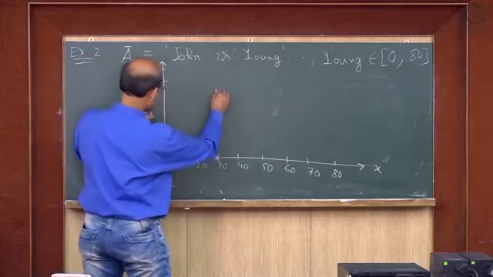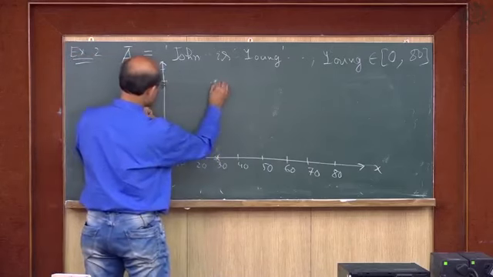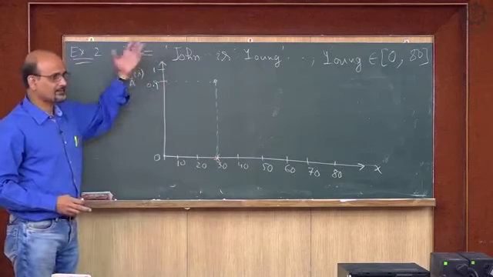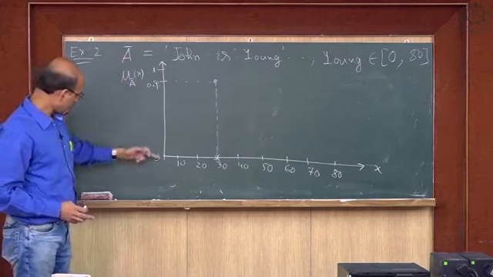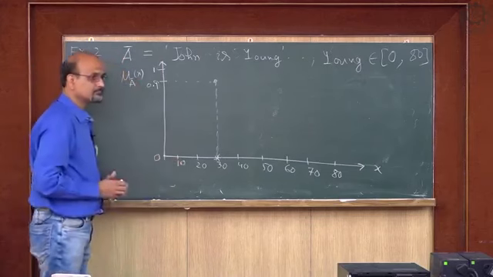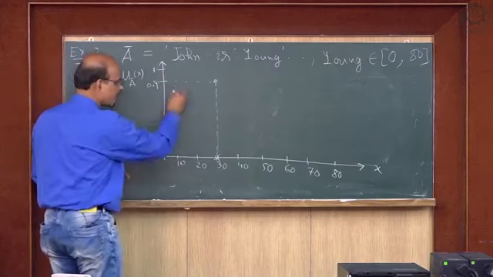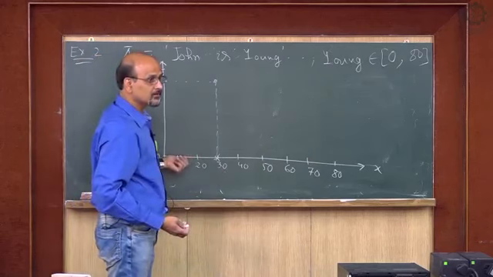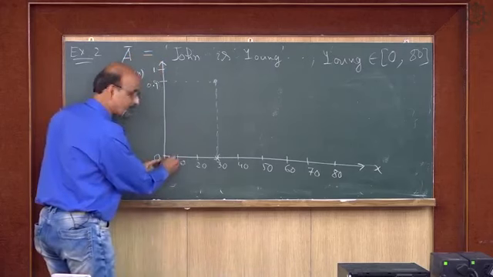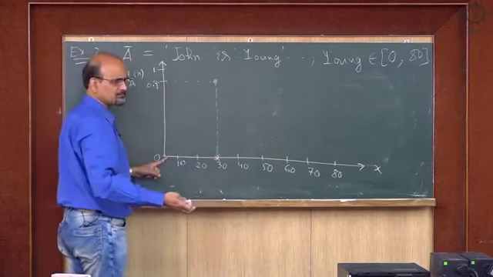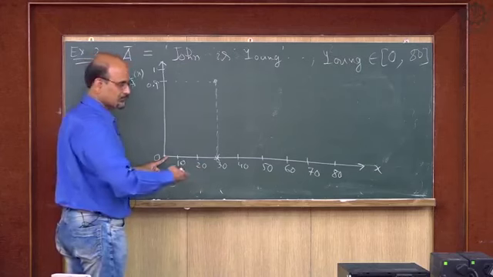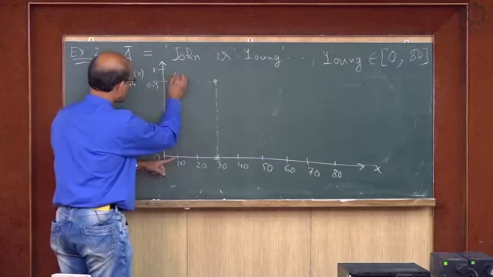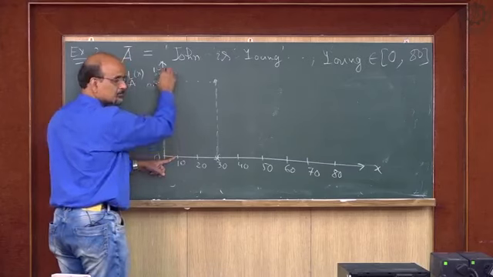Now for 10, it will be maybe 0.99, very, very young. Suppose I take 1, it is actually an infant. So, for 10 it will be between 0.99 and 0.999.